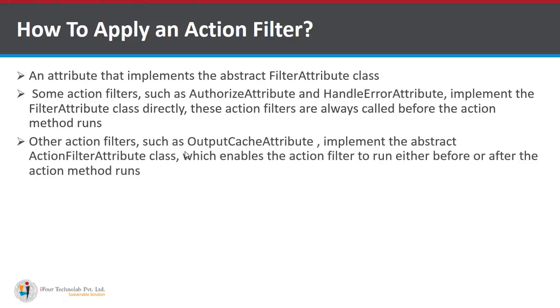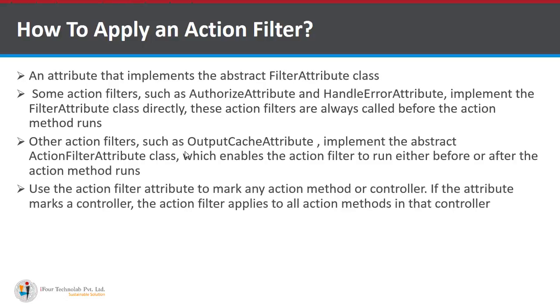Other action filters such as OutputCacheAttribute implement the abstract ActionFilterAttribute class, which enables the action filter to run either before or after the action method runs. Use the action filter attribute to mark any action method or controller. If the attribute marks a controller, the action filter applies to all action methods in that controller.